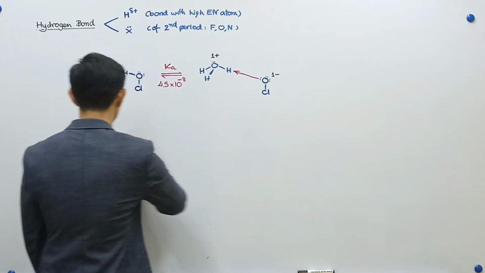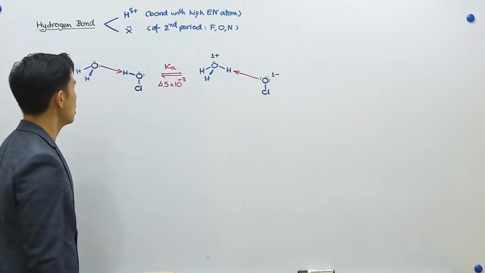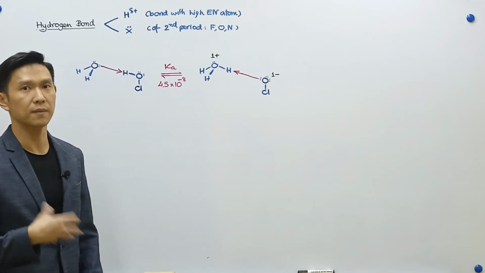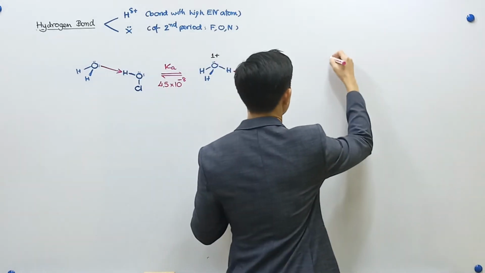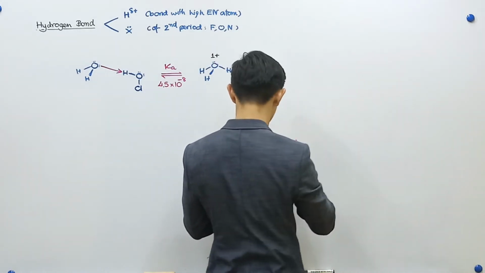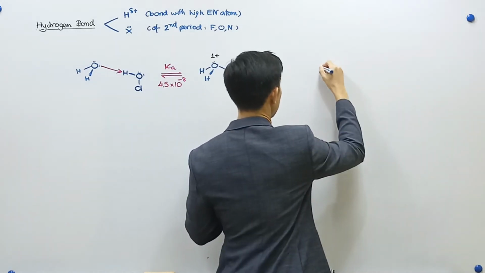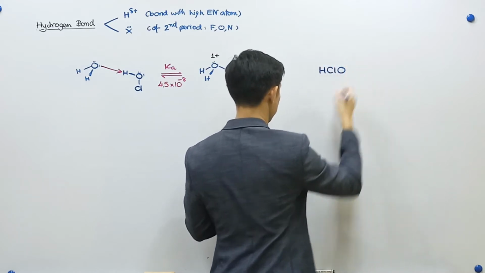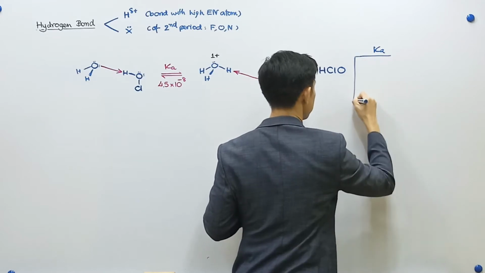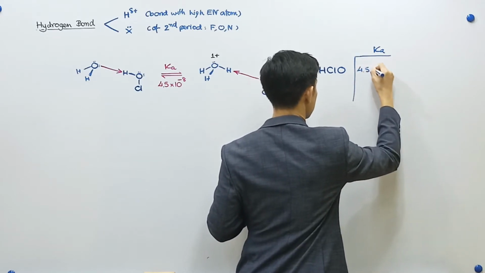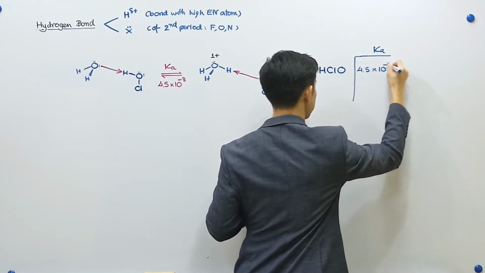Now we have to compare the system with perchloric acid. I will jot it down here: HClO, Ka is equal to 4.5 times 10 to the minus 8.